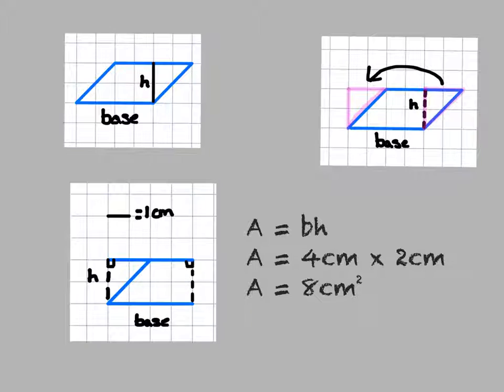So 4 times 2 is 8 square centimeters. Therefore, it takes 8 1 centimeter by 1 centimeter squares to cover this entire area of the rectangle without overlapping or gaps.